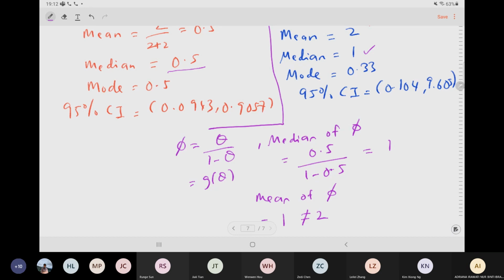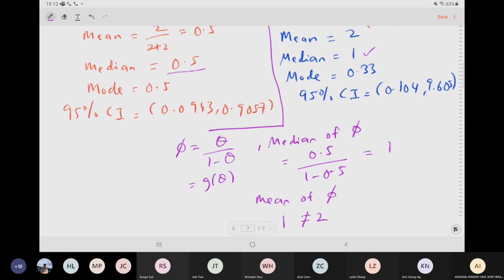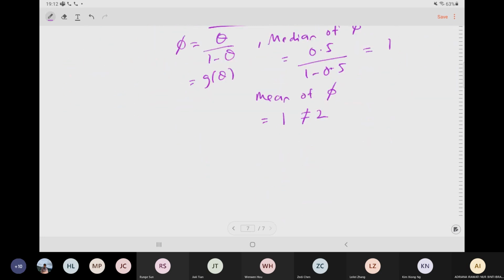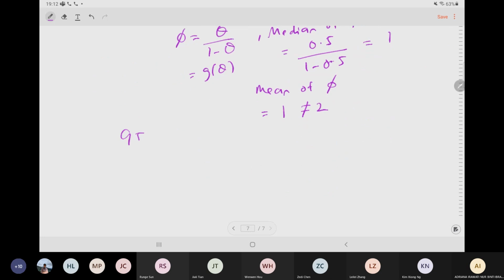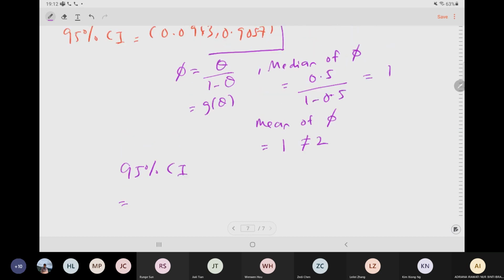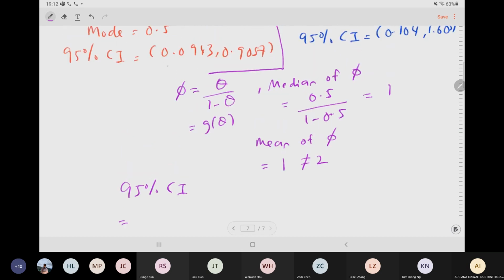But one thing about the credible interval: if you look at the 95% credible interval, this is the original value, 0.0943.